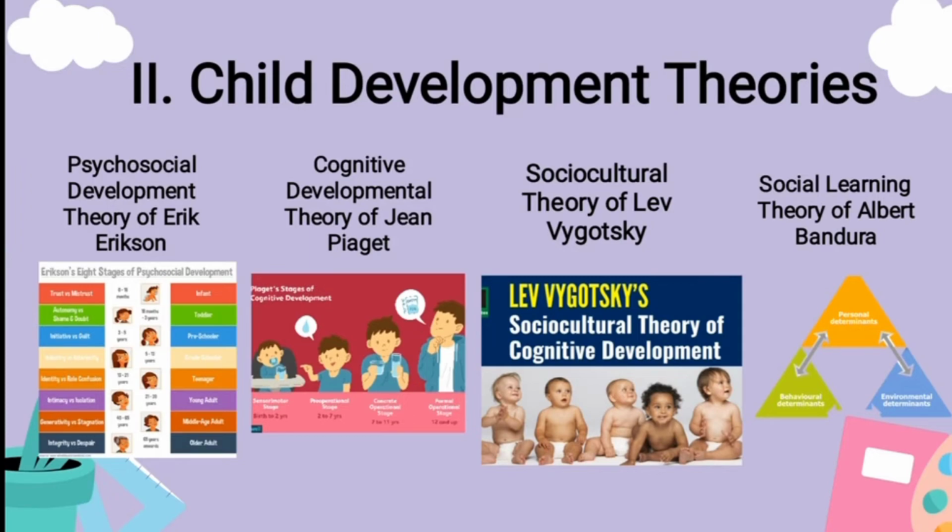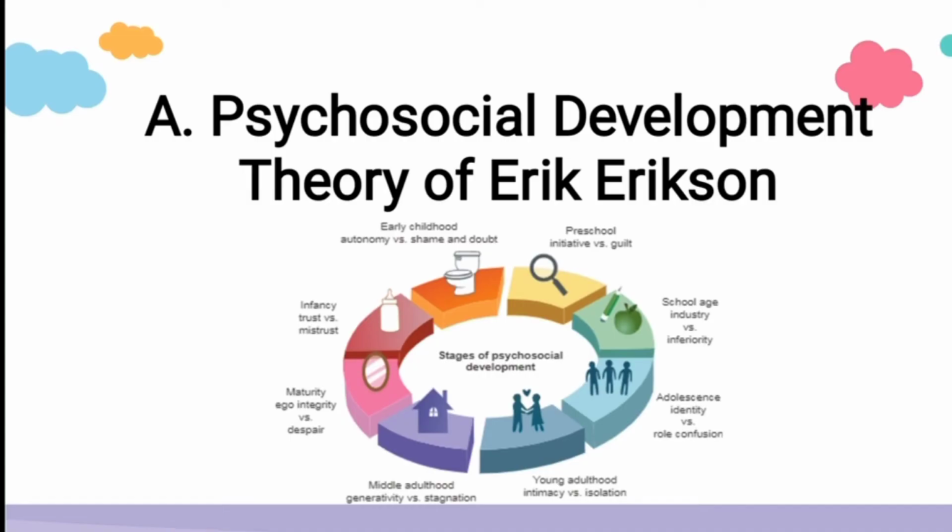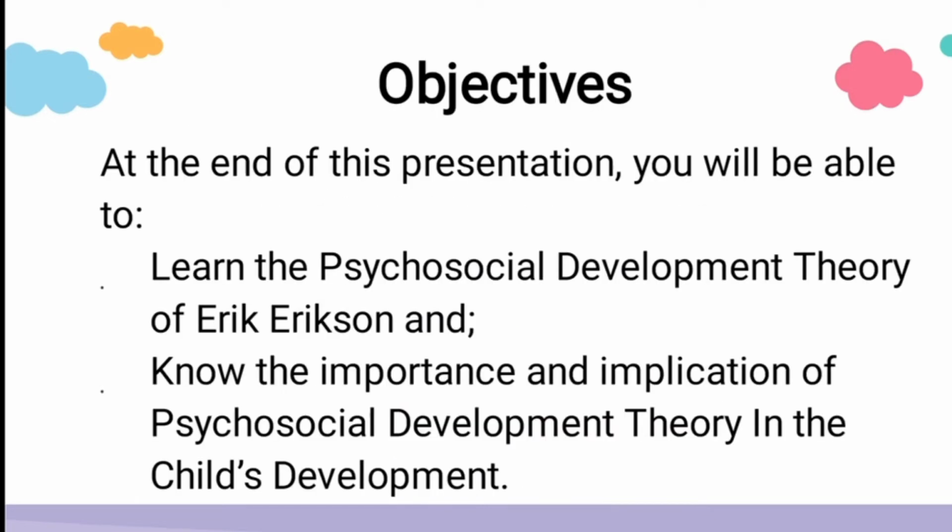First, we'll go to the psychosocial development theory of Erik Erikson. The objective is that at the end of this presentation, you will be able to learn the psychosocial development theory of Erik Erikson and know the importance and implication of psychosocial development theory in the child's development.